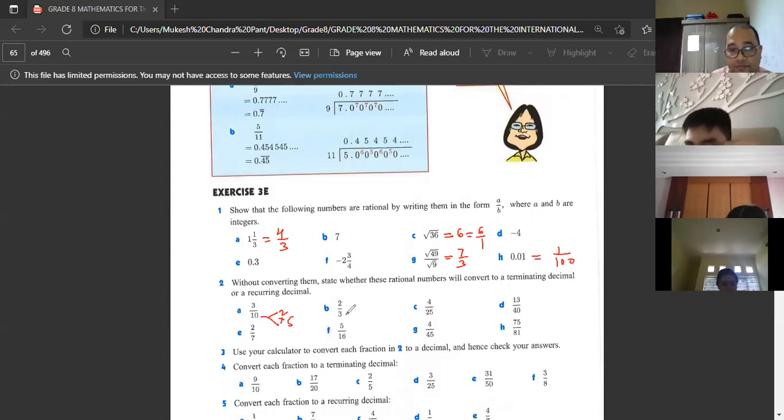This one you cannot, because 3 cannot be written as a product of 2 or 5. If the denominator consists of 2 or 5, or 2 alone or 5 alone, then okay. But if there is any other number except 2 and 5, then not. Okay, okay guys.